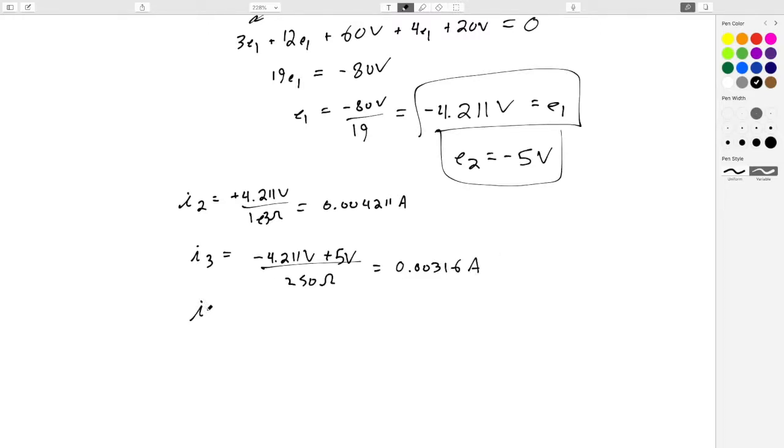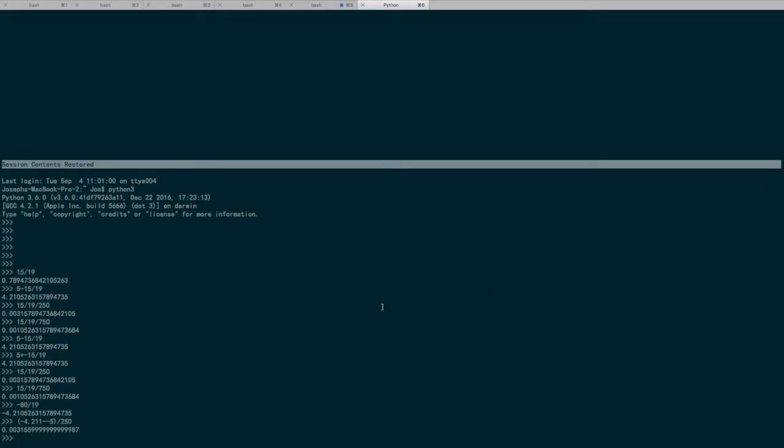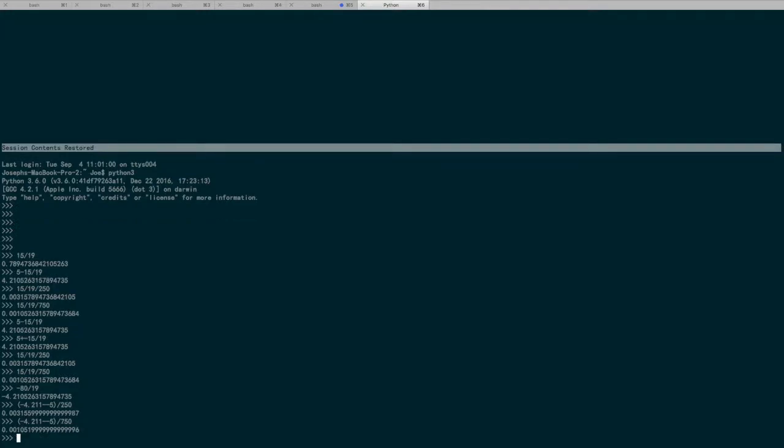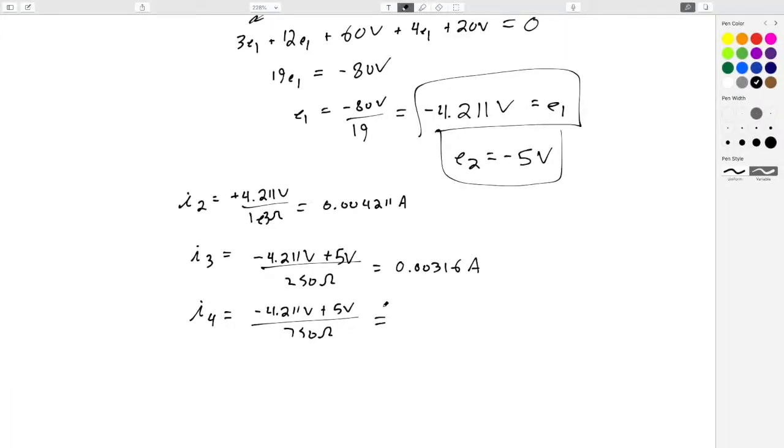Again, this is all looking familiar, and I4 will equal negative 4.211 volts plus 5 volts over 750 ohms equals same stuff, pretty much, 0.00105 amps. Okay, so we have these.